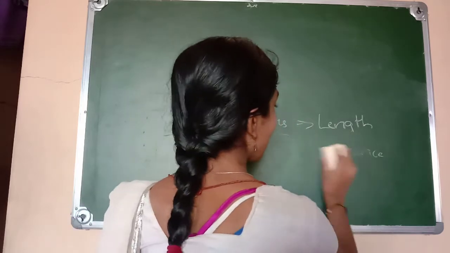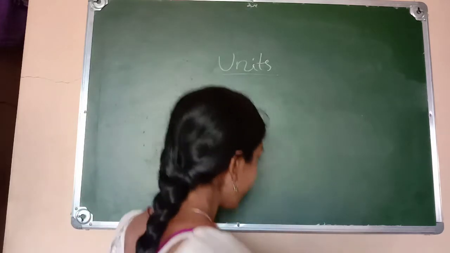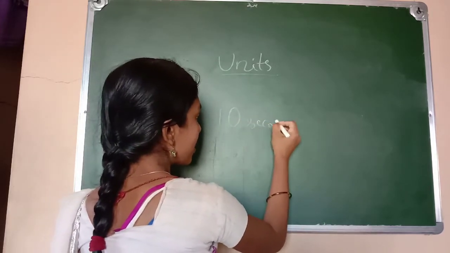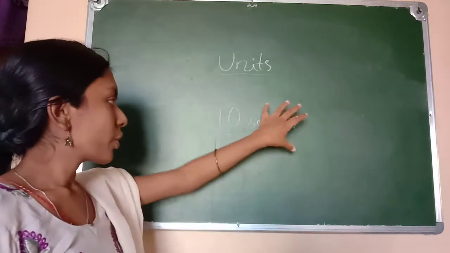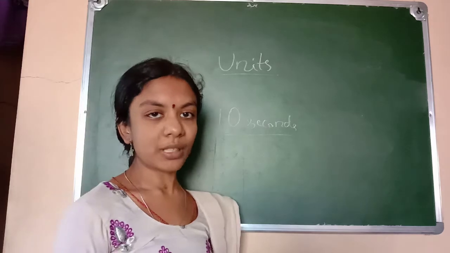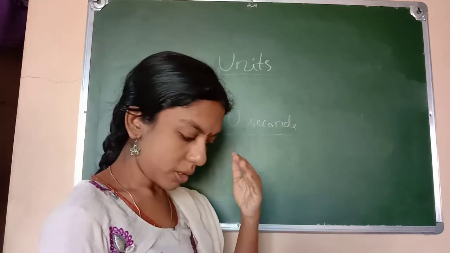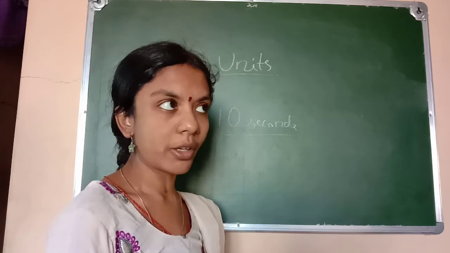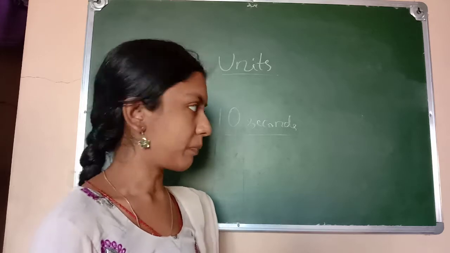Similarly, when I replace meters with seconds, you know seconds is a unit of time. So when I say 10 seconds, you understand that I am trying to say how long something takes, what is the duration of something.